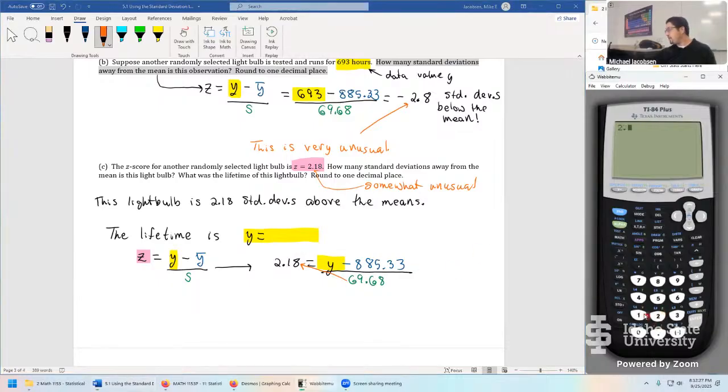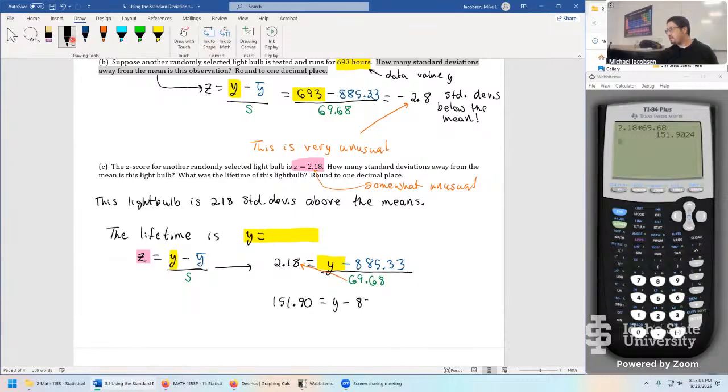So take 2.18 times 69.68. We get a big number. We're rounding this to 1 decimal place. So standard advice is go 1 additional decimal place. Or if you're the careful person, just take the entire digit they gave you. This would be sufficient though. Go 151.90. We'll round our final answer to the 1 decimal place.